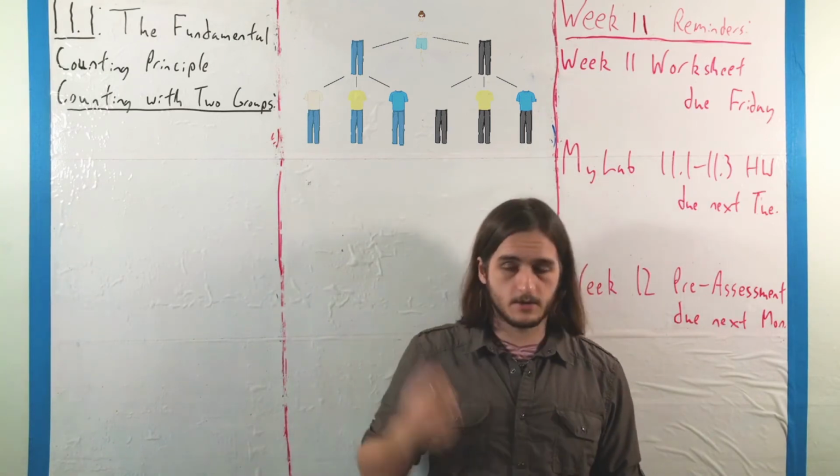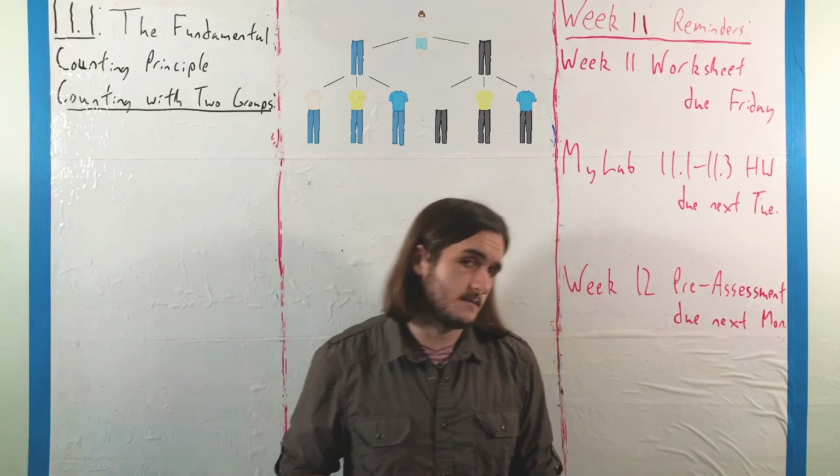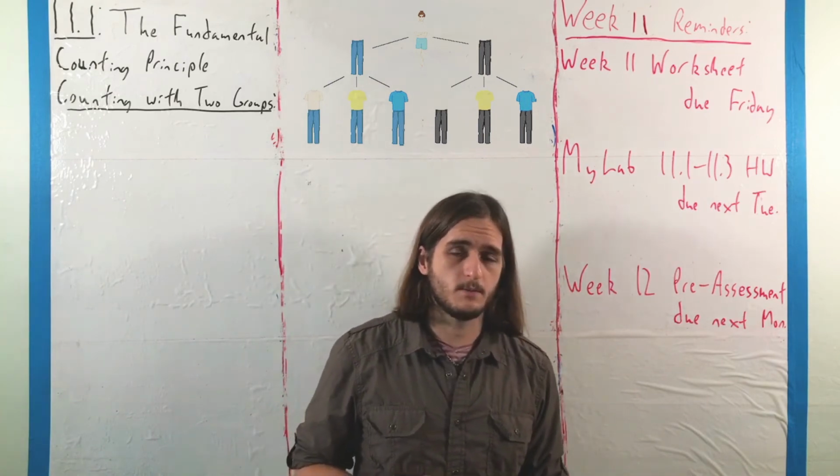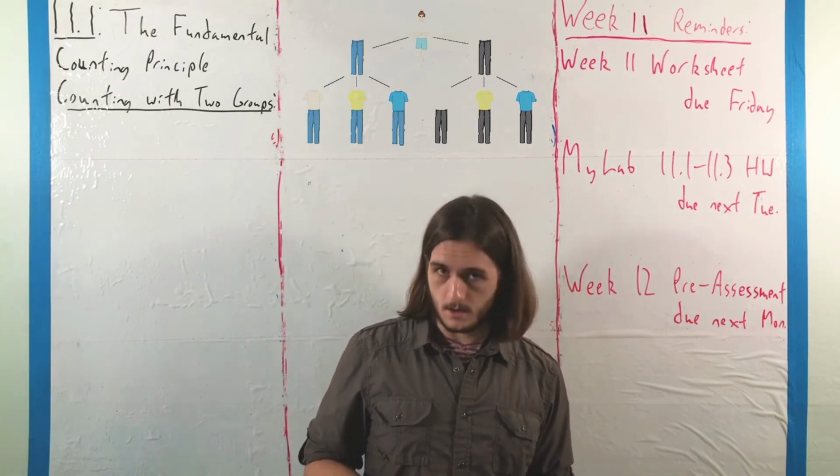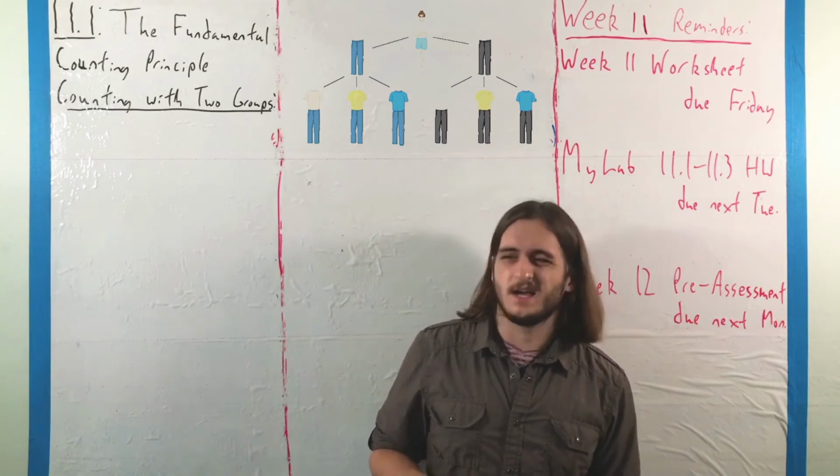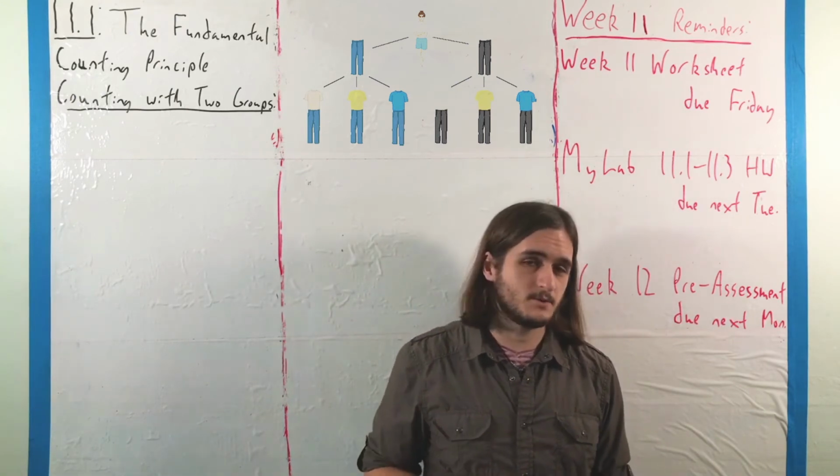Now, something like this diagram is always an option we can fall back on for being able to count out all of our possibilities, but it's a bit time consuming even with just 6 options here.